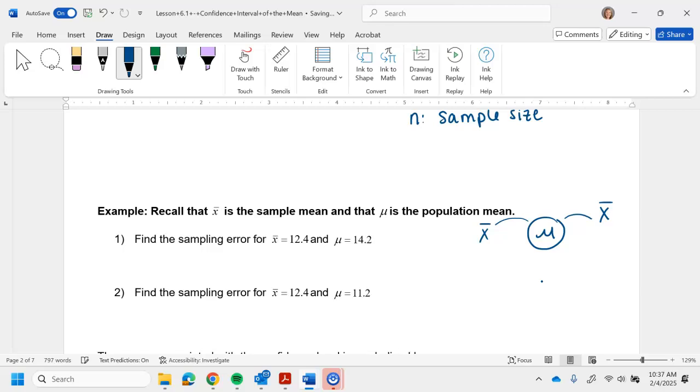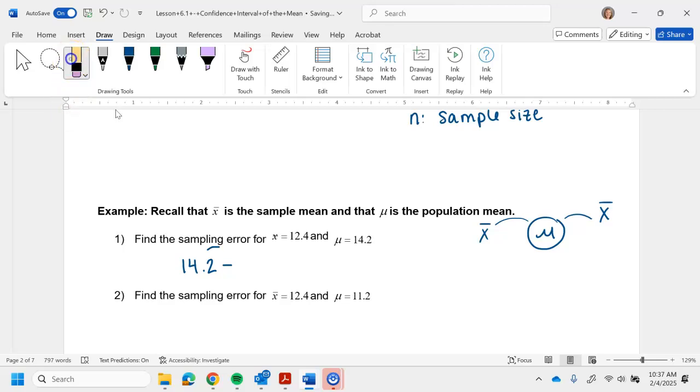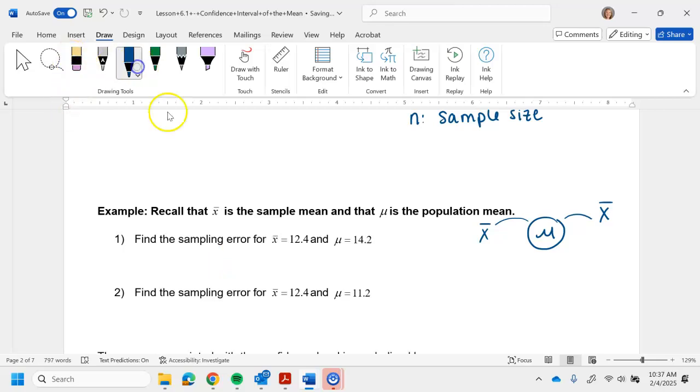What is that error? So here, my mean is 14.2. I'm going to start with my sample mean and subtract my population mean, and I get negative 2.2. This was my sampling error.